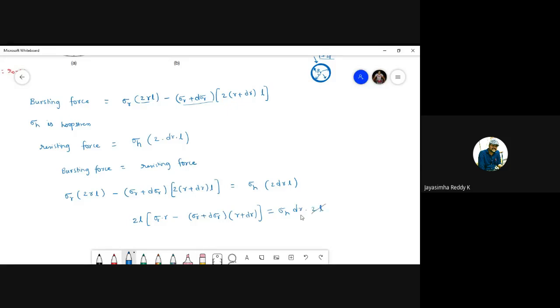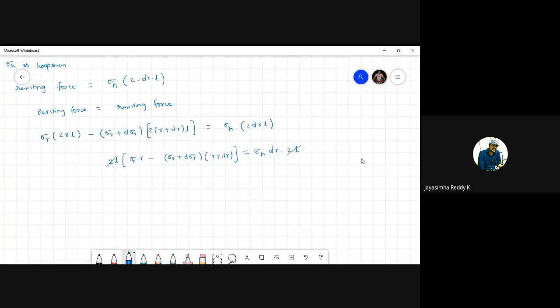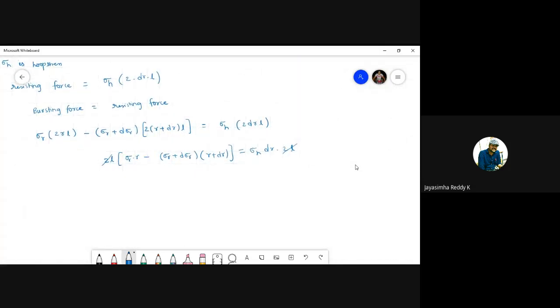So this 2L will get cancelled. If you try to multiply these two terms, students, what will we get?